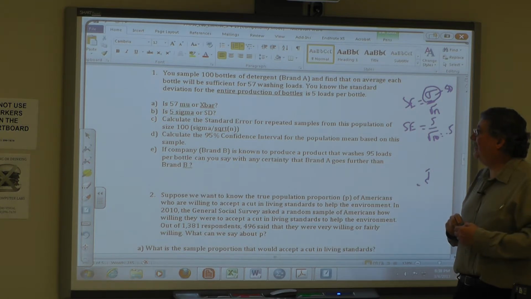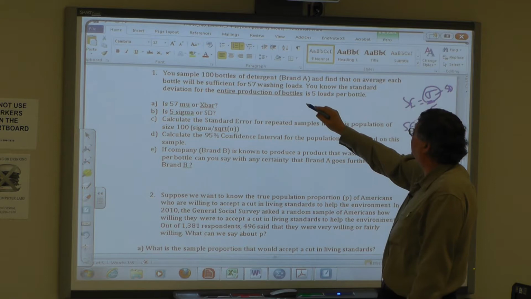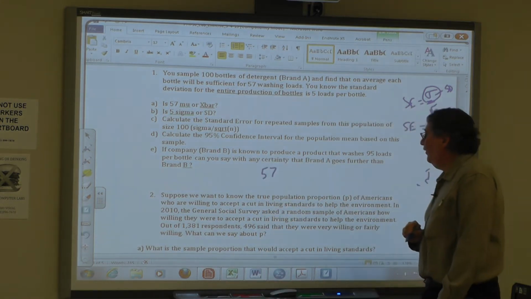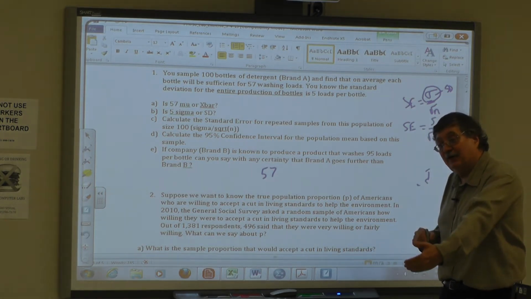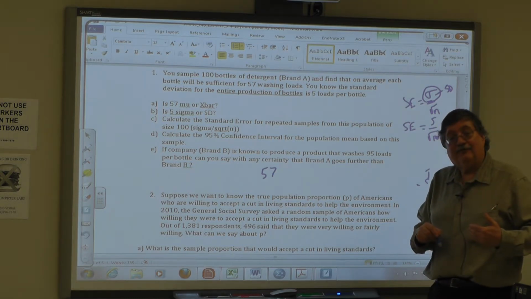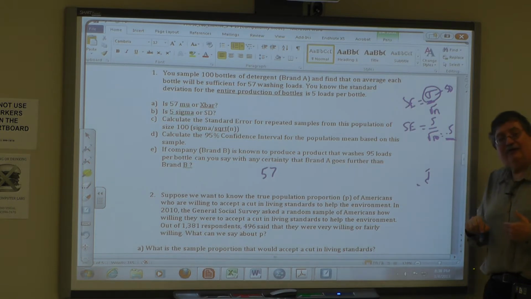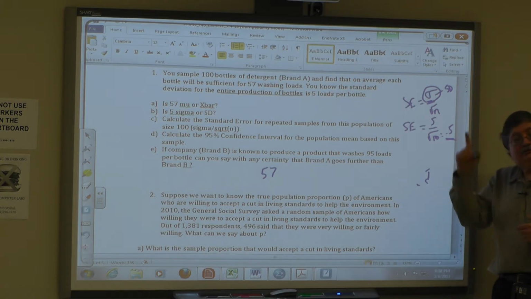Calculate the 95% confidence interval for the population based on this sample. Okay, so what was the mean that we got from this sample? 57, right? Now, we want to go 2 standard errors below 57 and 2 standard errors above 57. How much is the standard error? 1/2, right? 5 divided by the square root of 100, which is 10, is 1/2. 2 standard errors would be 1.